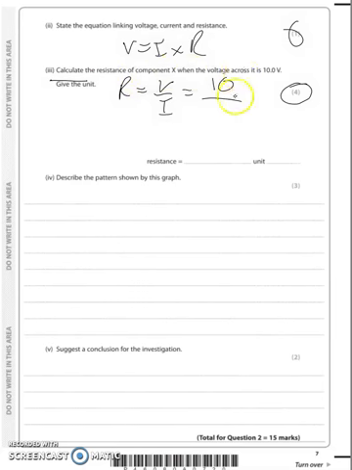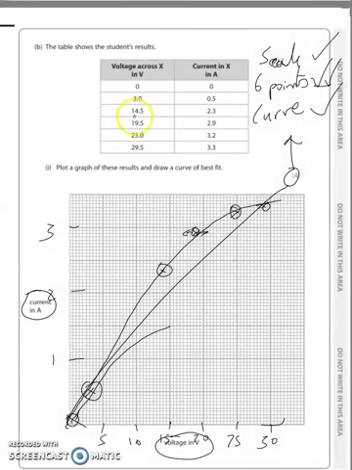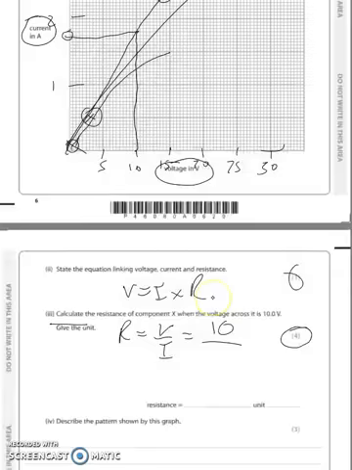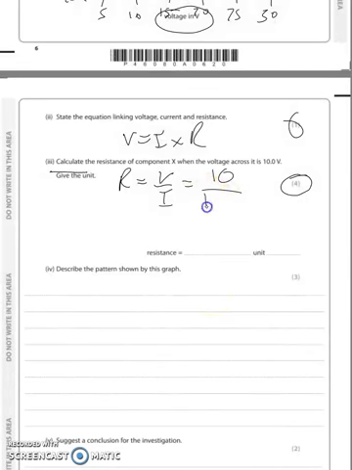Now, if we look back, we don't have a voltage of 10 to get a current out of it. So what they're asking us to do is go to our graph, go up, and then across, and then read off what that number would be for the current. And you should have found that it was about 1.6.